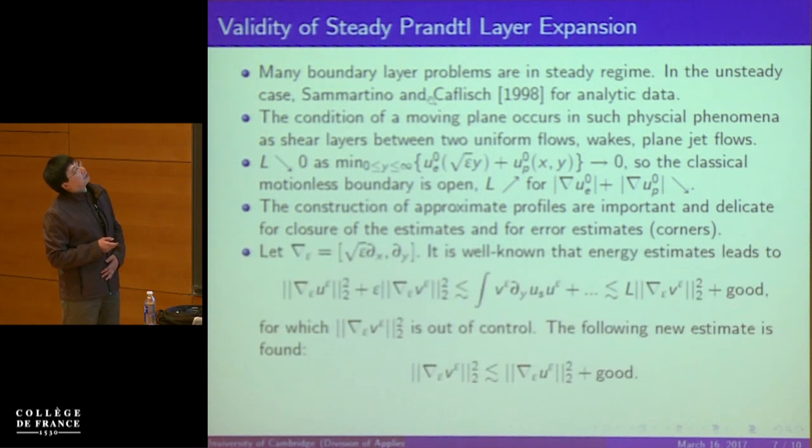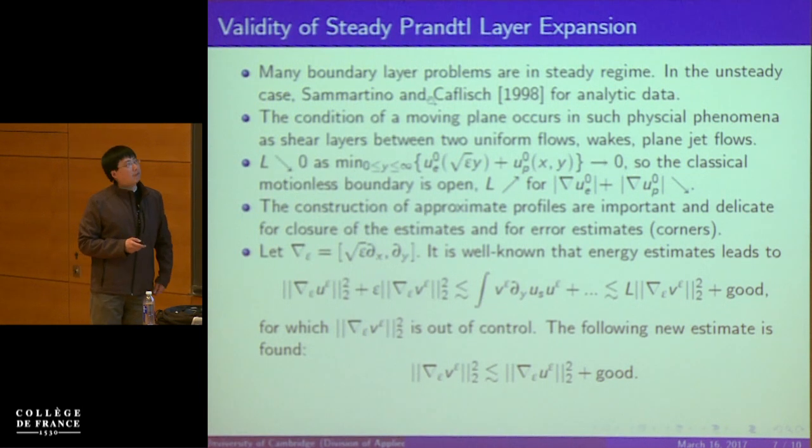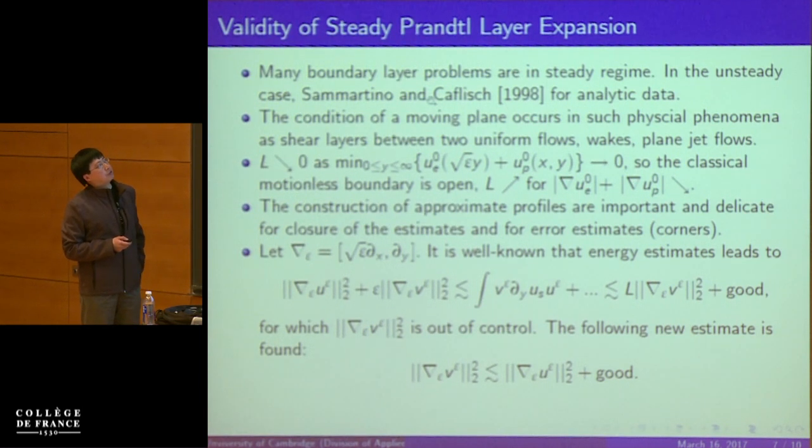Let me first just try to illustrate the main difficulty. The main difficulty is quite clear when you work a little bit on the Prandtl type of equation. The problem is a lack of a priori estimate. One standard way to start the process is to look at the energy estimate for the Euler equation, Navier-Stokes equation.